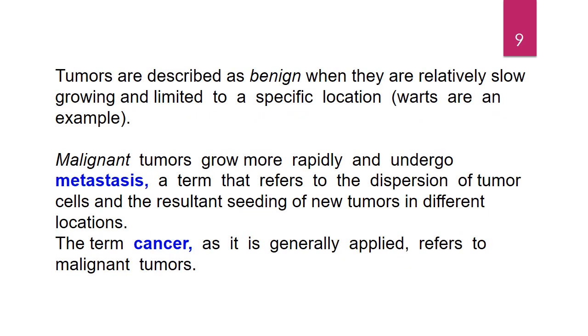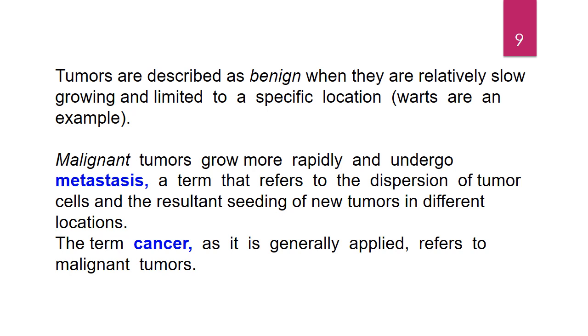Tumors are described as benign when they are relatively slow growing and limited to a specific location. For example, warts. Malignant tumors grow more rapidly and undergo metastasis. Metastasis is a term that refers to the dispersion of tumor cells and the resultant seeding of new tumors in different locations.